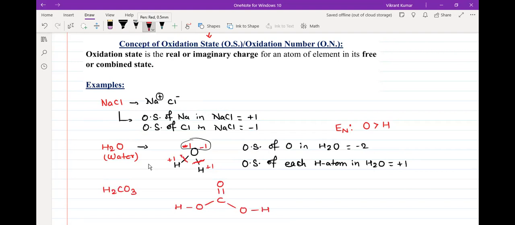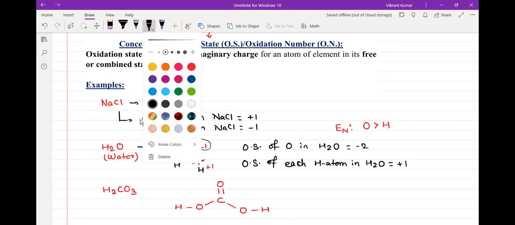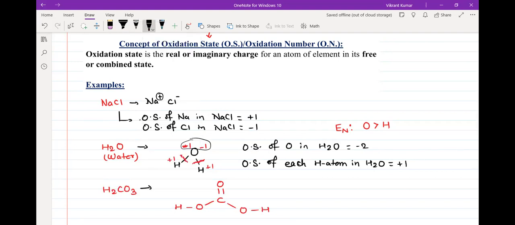This is called carbonic acid. इलेक्ट्रोनेगेटिविटी वाइज बता देता हूं मैं ऑर्डर, धीरे धीरे वो याद भी कर लेंगे. So we'll say O is more than C, C is more than H.